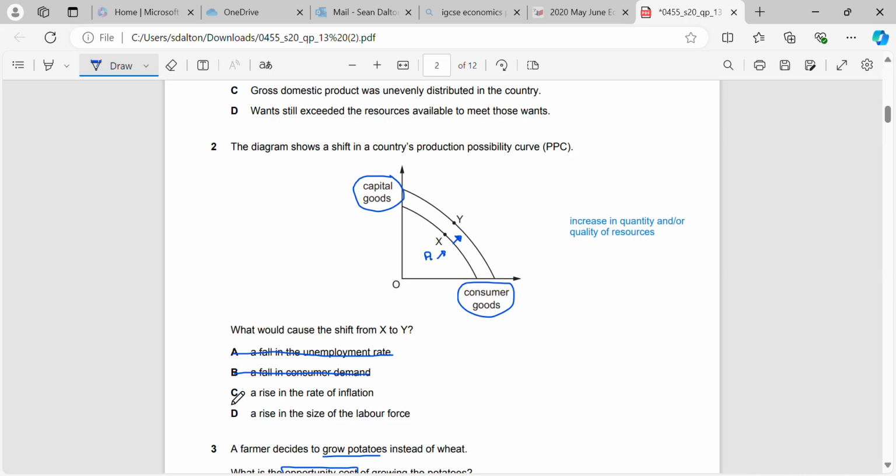And a rise in the rate of inflation, that's also not shown by a PPC, that's measured through CPI. But if we have a rise in the size of the labour force, we're going to have a higher quantity of labour available to work, which means we can increase our productive capacity. We can make more goods and services if we have more workers available.